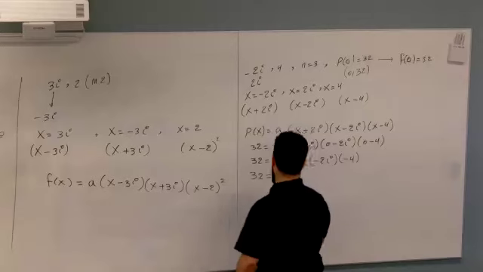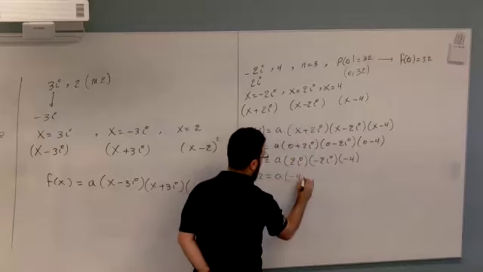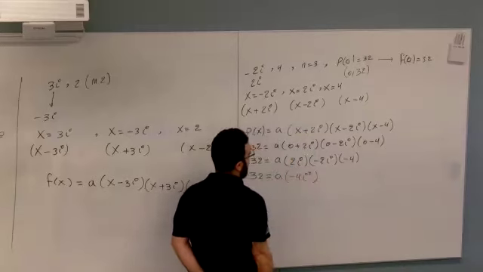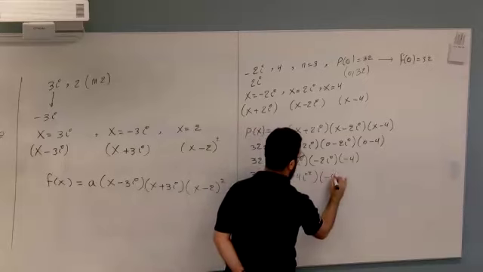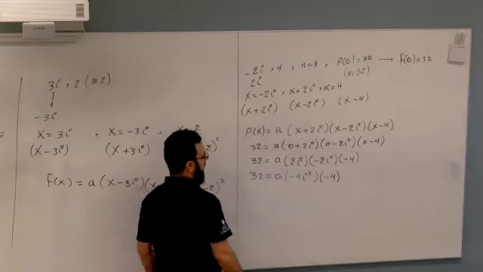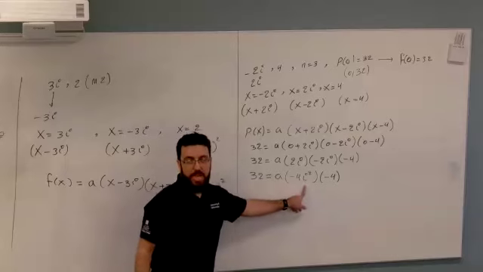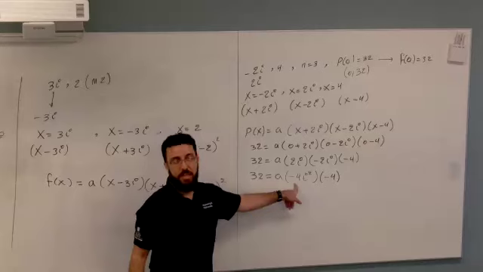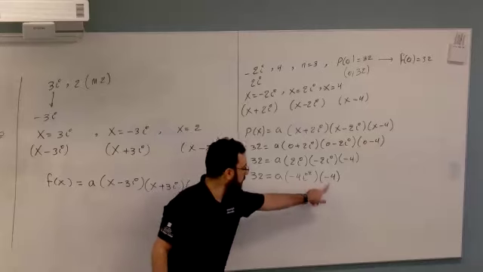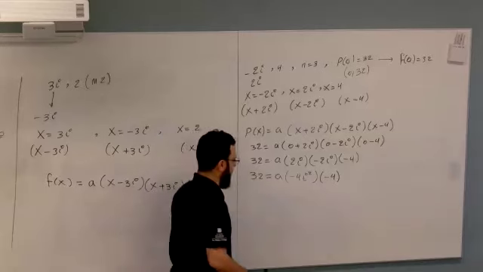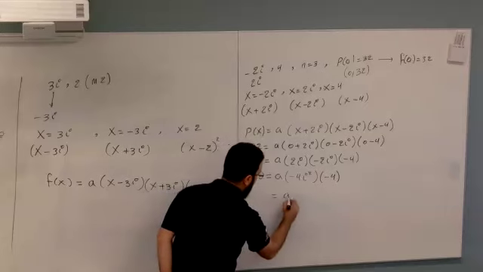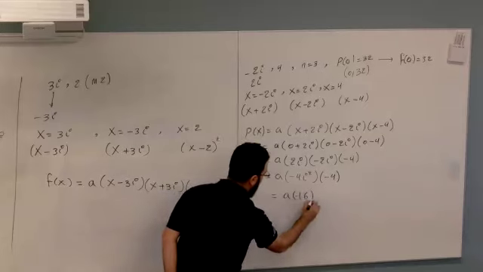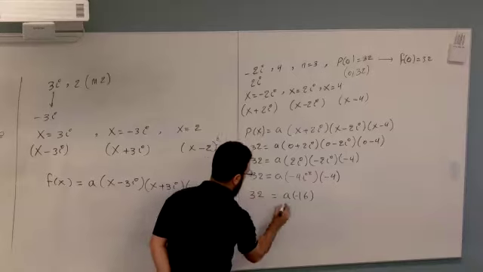Be careful, because i squared is important. I squared is negative 1, times negative 4 is 4. 4 times negative 4. So here it is going to be a times negative 16, and here is 32.